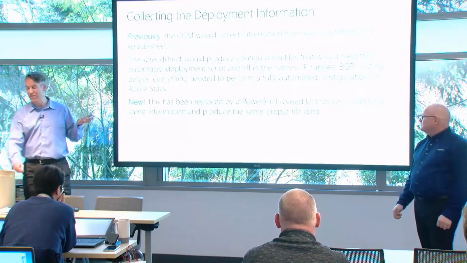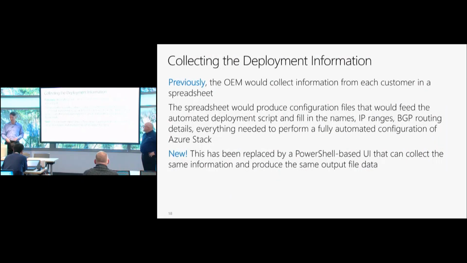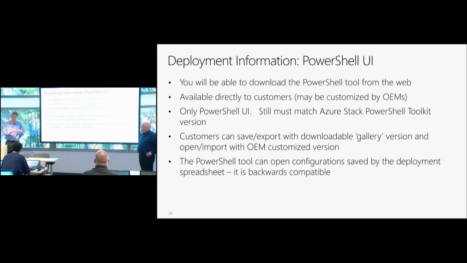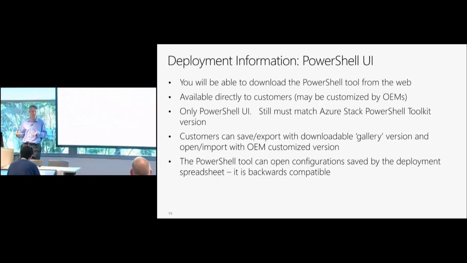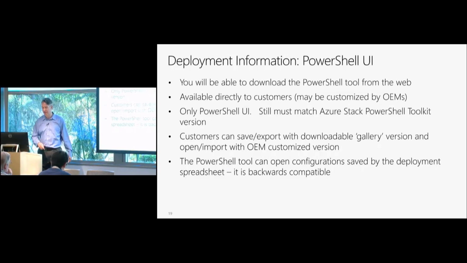When the information is collected from the customer, previously we used to have a spreadsheet with a whole bunch of macros in it. Now there's a PowerShell-based GUI tool that can collect all the information. Ultimately, this information gets piped out into a JSON formatted text file, and that file is used as a parameter when doing the deployment.